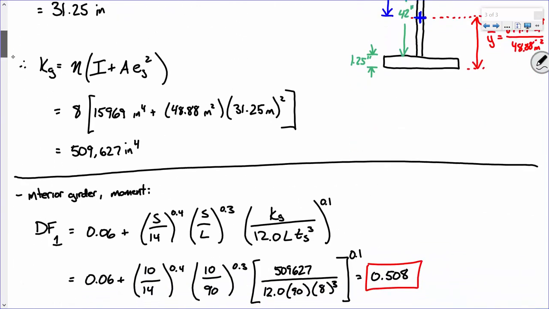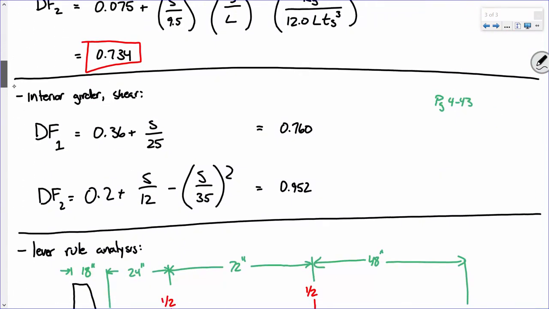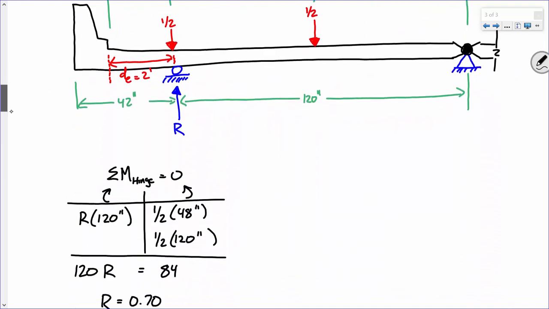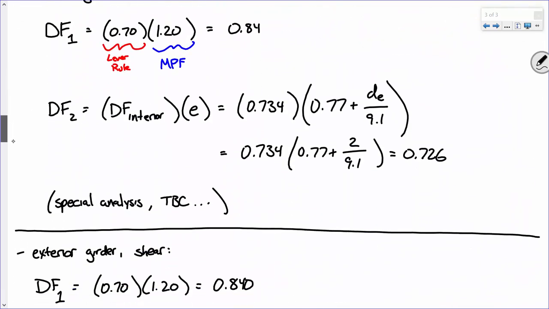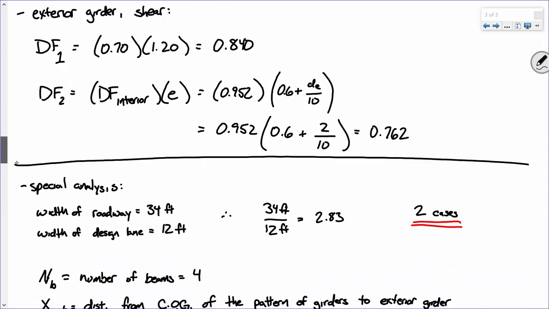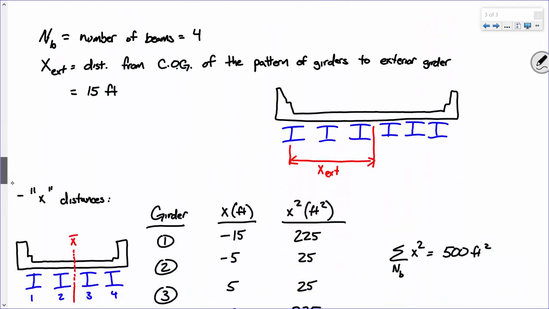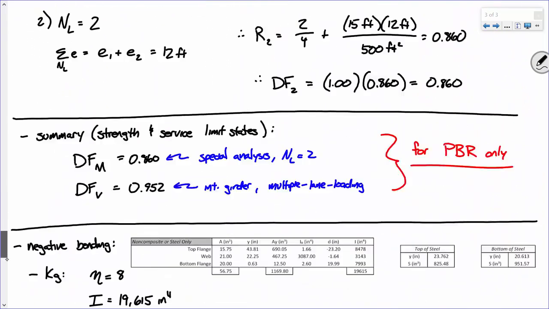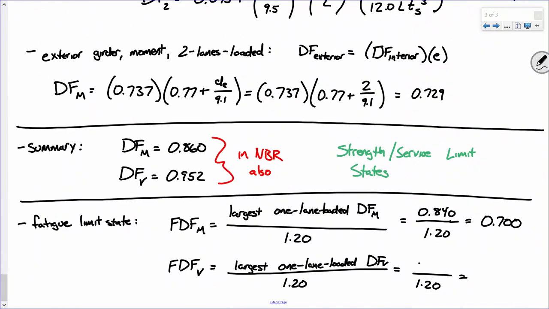So moment, shear, well, we got 0.76, 0.84, probably 0.84. There we go, 0.84. So why did they happen to be the same? Because that largest factor came from the lever rule.